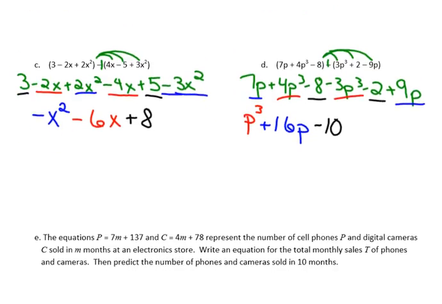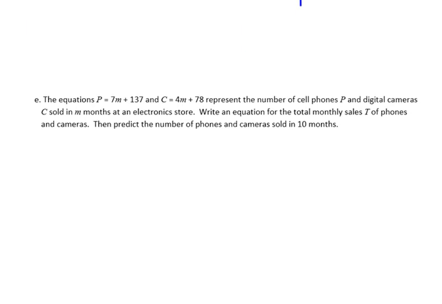All right, what else do we got? The equations P equals 7m plus 137 and C equals 4m plus 78 represent the number of cell phones, P, and digital cameras, C, sold in M months at the electronics store. Write an equation for the total monthly sales of phones and cameras. So total means that I want to add those together.